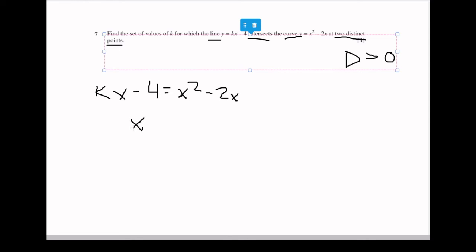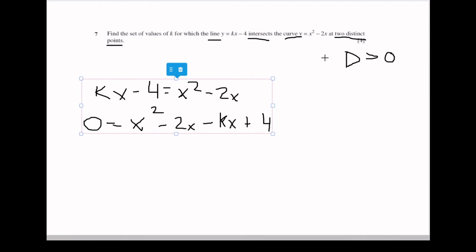Add all to one side, keeping your x squared positive. That'd be negative 2x right there, negative kx, adding the 4 to both sides, plus 4. We have our quadratic pretty much made, so now we can use the discriminant.